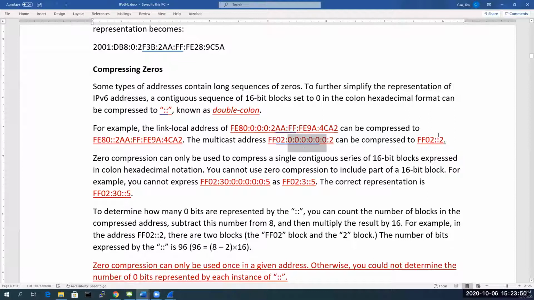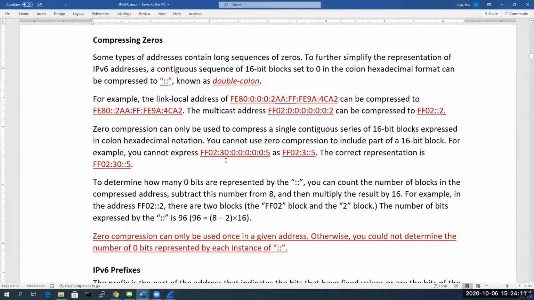So you can only have one double colon in one of those representations. If you have a double colon in the front and a double colon in the back, then you don't know whether this one has 16 zeros, 32 zeros, and how about the other one? We don't know. So therefore, you can only have one double colon. Okay.